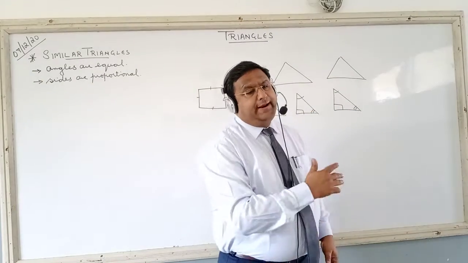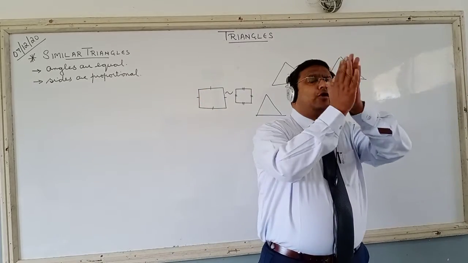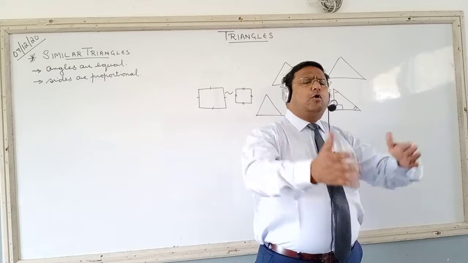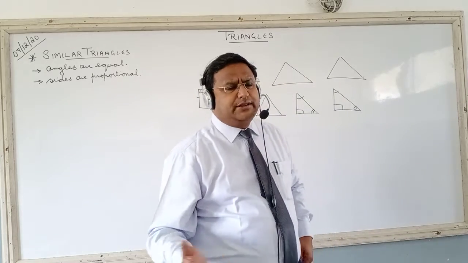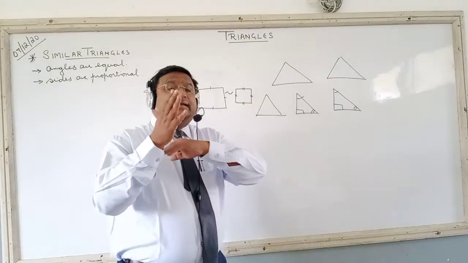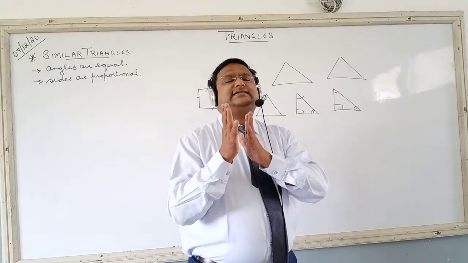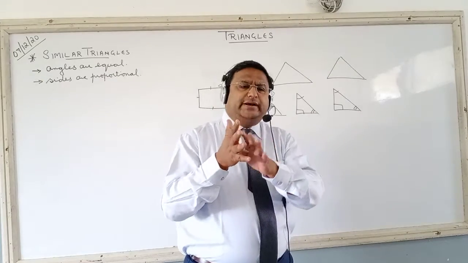But if I compare my right hand with my co-teacher's, or with anyone at your home, your parents, younger sister, elder sister, brother, you will find that the shape is the same, but the size is different. Your sister or brother also has a palm, 4 fingers and 1 thumb.